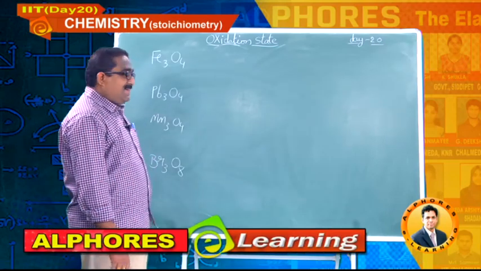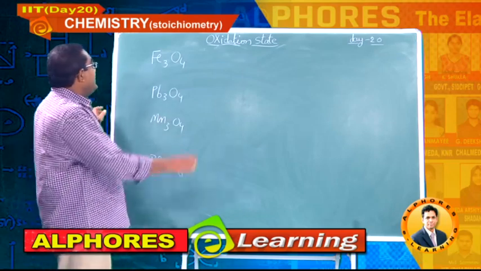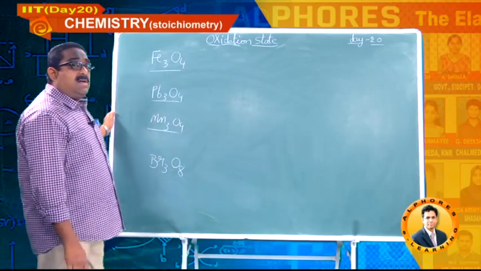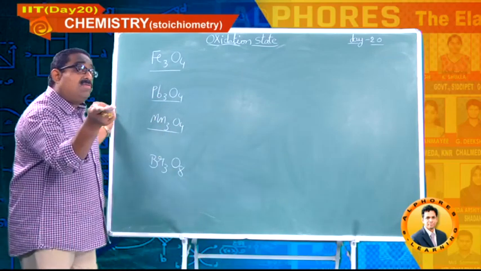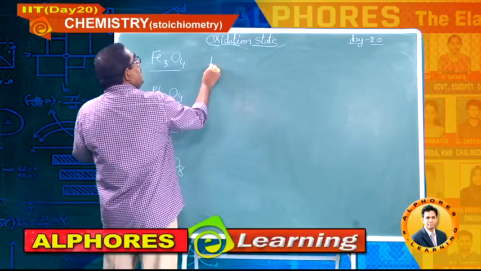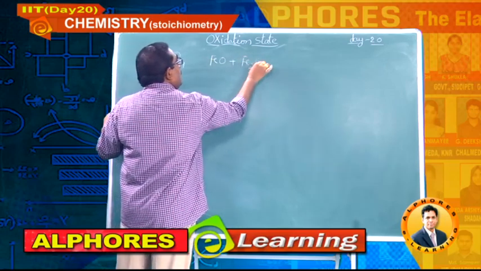Okay, students, let me go through these examples. Concentrate. The first three are the mixed oxides, a mixture of two types of oxides. Let me write down the data first of all. It is a mixture of ferrous oxide and ferric oxide.